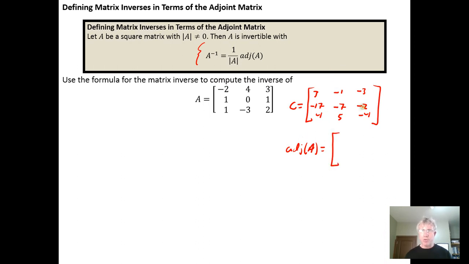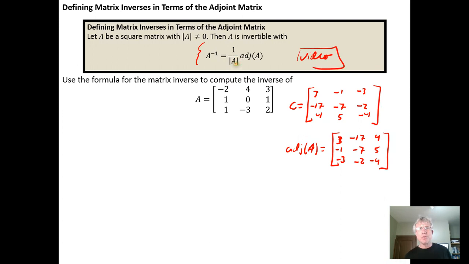So the first row became the first column. The second row became the second column, and the third row became the third column. So we have the adjoint matrix, which we already calculated in video 2 for this particular homework series.